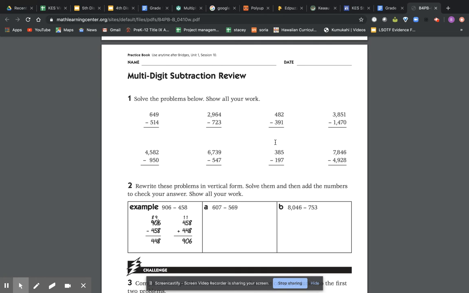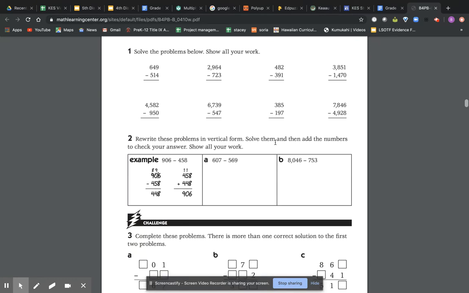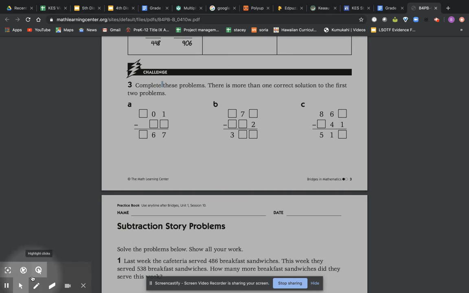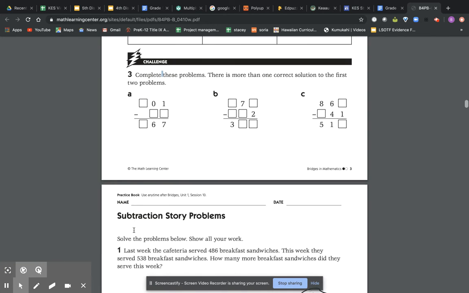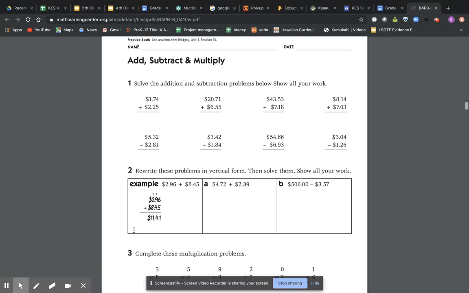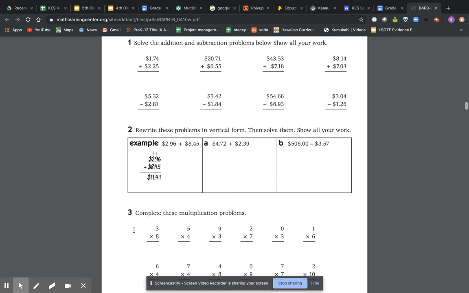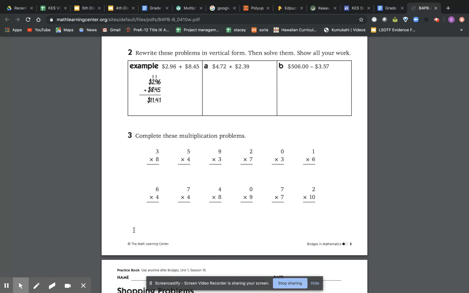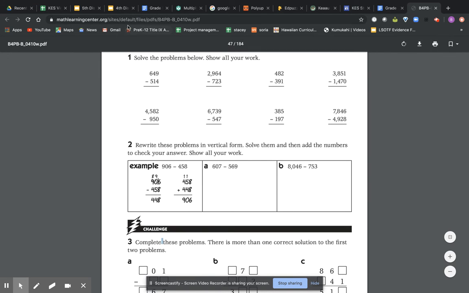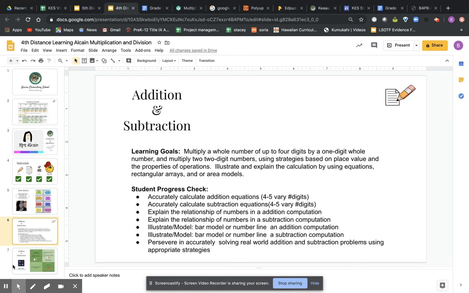And then you have some of your subtraction review with regrouping. And again, here it is, the challenge problems, super fun. Oops. Okay, and then some story problems for subtraction. And then toward the end of the week, you're going to go back and do a little review with some multiplication.